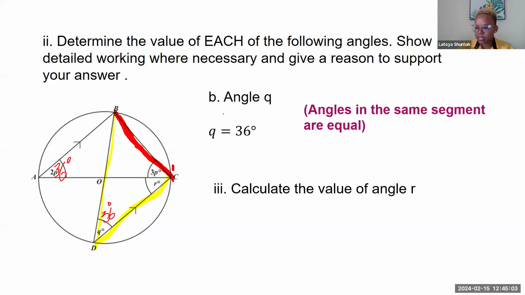Which part of angle C is 54, Rashida? C and R are not on any straight line, my dearest. What straight line? I'm not following your explanation, Rashida. Okay, so 3P and R, that's not a straight line.